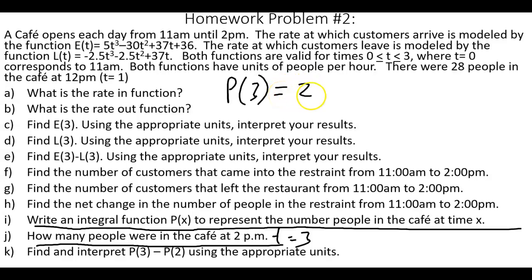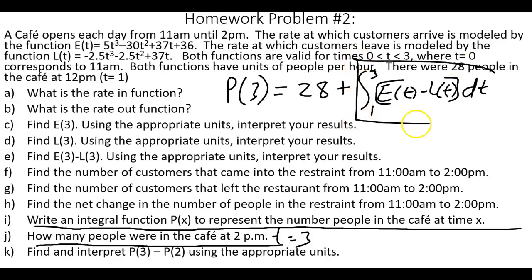So there are 28 people in the cafe at t equals 1, in other words 12 p.m. And we want to go all the way up to 3 and find out how much the population changed over that time period with our net change. And by adding those together, we'll get our final outcome. So I'm going to go ahead and calculate this on my calculator and add 28 to it.